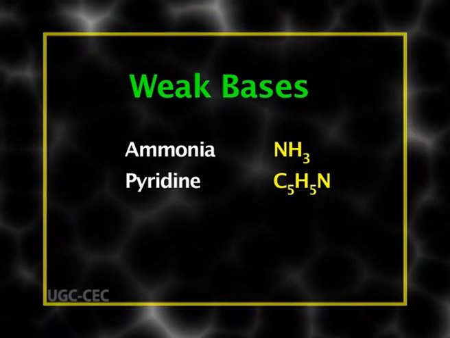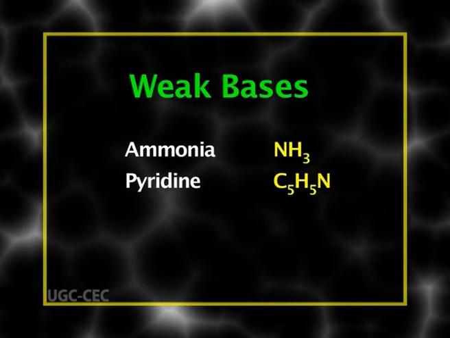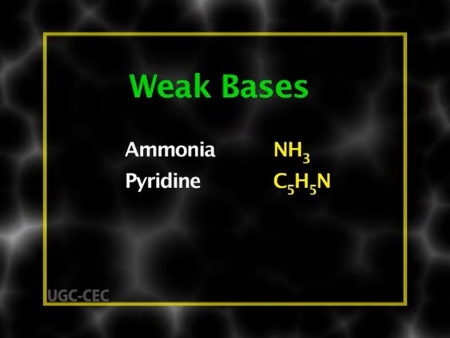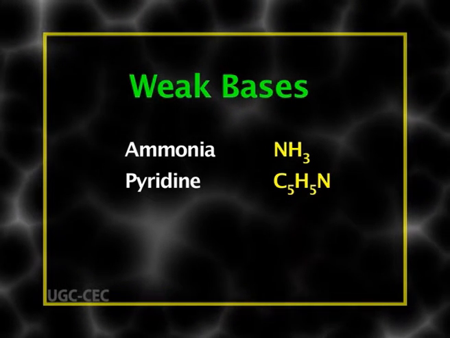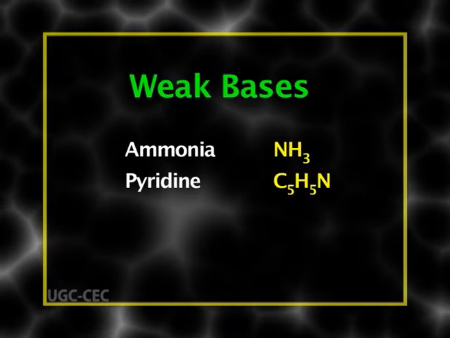We have weak bases also as weak electrolytes, for example, ammonia, NH3; pyridine, C5H5N; and several more.